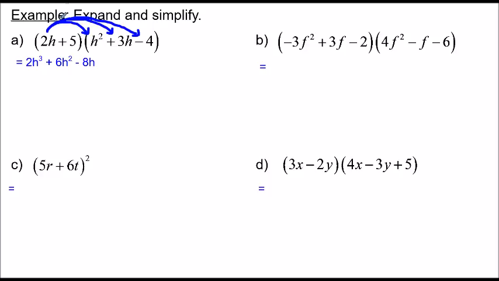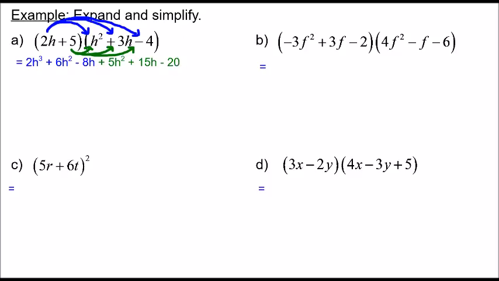So I'm going to multiply 5 by h squared, I'm going to multiply my 5 by 3h, and I'm going to multiply my 5 by negative 4. When I do that, I'm going to get 5h squared plus 15h minus 20.